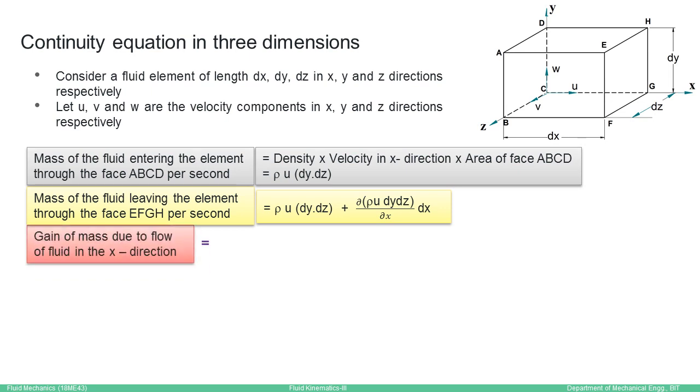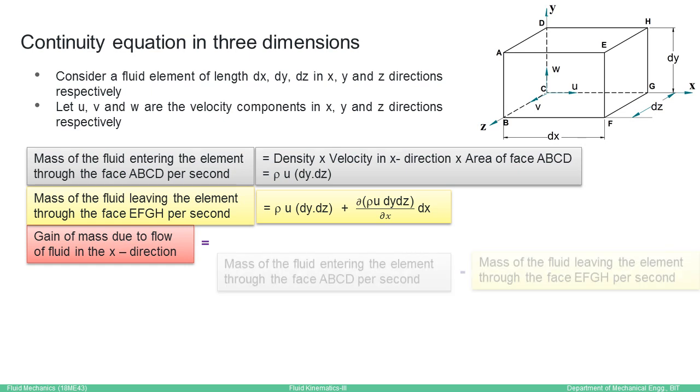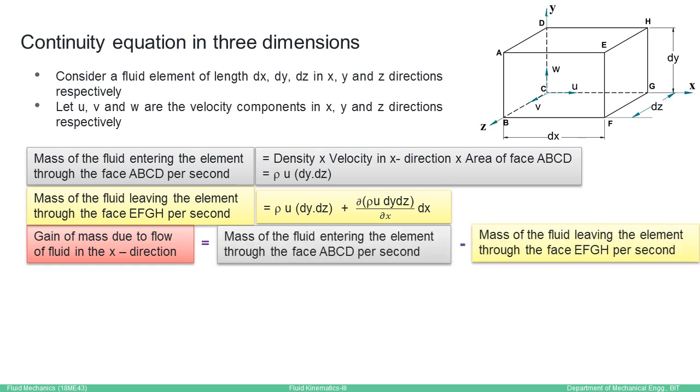Now if you want to find out the gain of mass in x direction because of this flow, then you must take this difference, that is mass of fluid entering the element through ABCD per second minus mass of fluid leaving the element through the face EFGH per second.